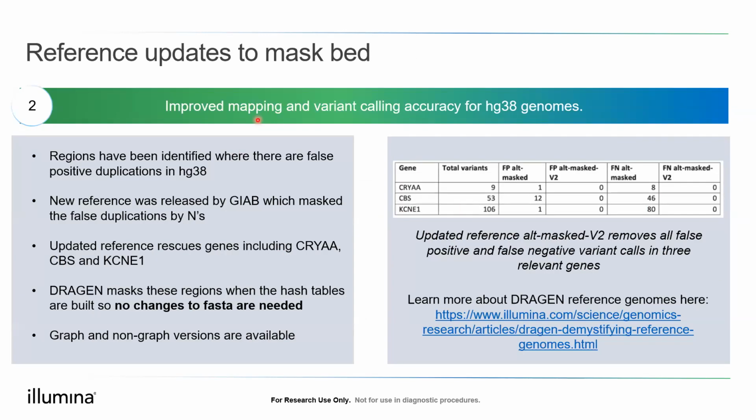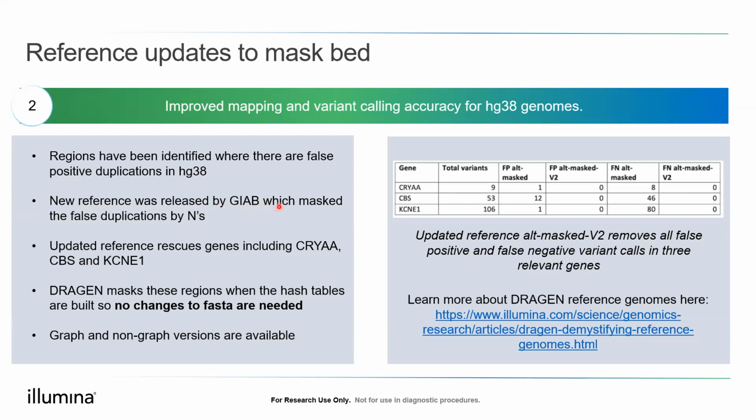In terms of the reference updates, the consortiums have identified that there are false positive duplications in HG38, and they have identified 3 genes. These are genes that we think are relevant genes. And hence, as a part of this information, a new reference was released by the Genome in a Bottle Consortium.